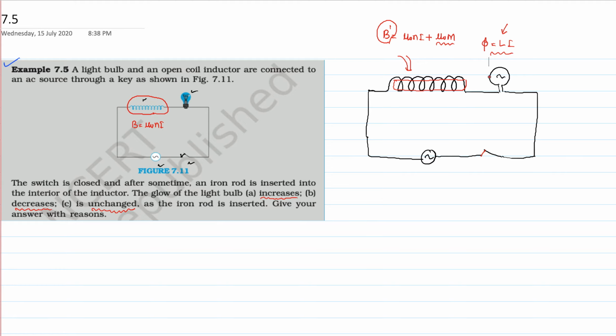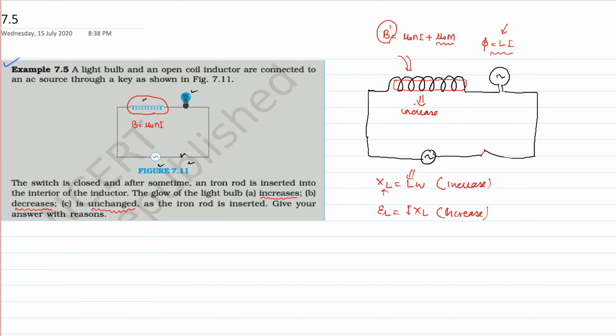If the inductance of the coil increases, what will happen then? The inductive reactance XL, which is equal to L omega, will also increase. And if the inductive reactance increases, then you know that the voltage drop across the inductor, that is I times XL, will also increase.